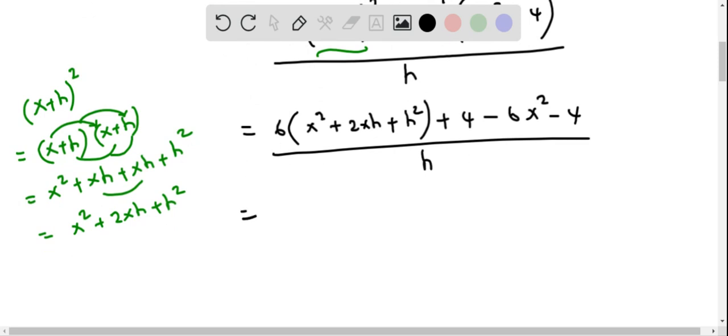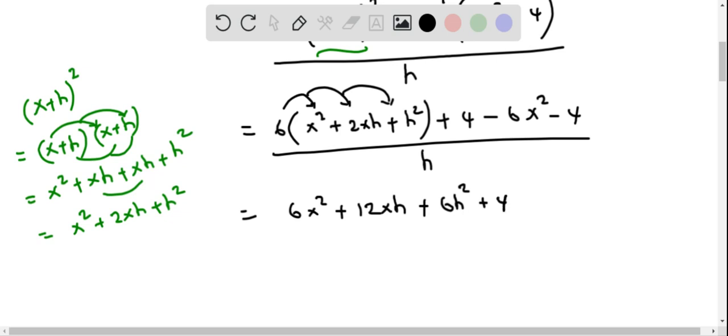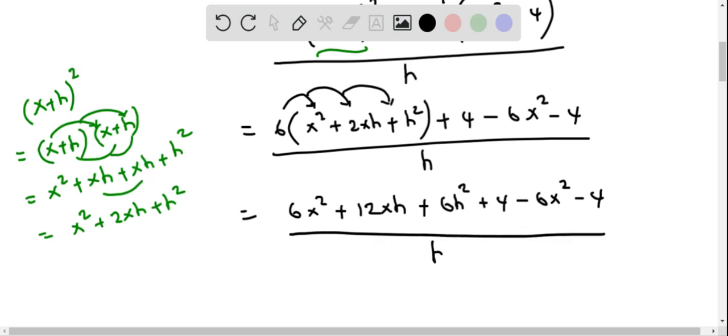So here we have to distribute this 6 into the terms inside the bracket. When we do that, we get 6x squared plus 6 times 2xh, which is 12xh, plus 6 times h squared is 6h squared. We then have plus 4 minus 6x squared minus 4, and this is over h.